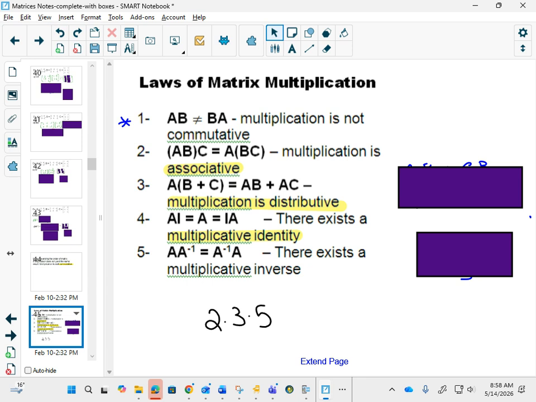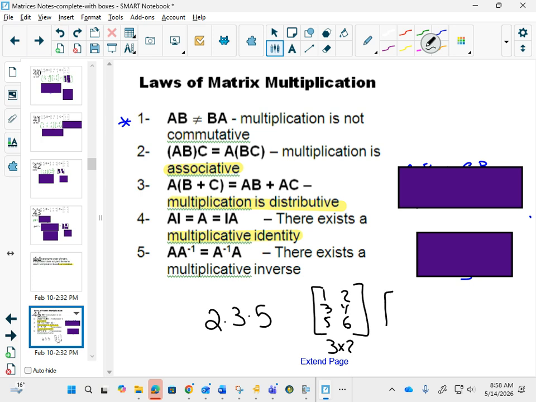But this is where the identity matrix comes into play. The identity matrix is like the number 1. So when you multiply by 1, you get what you started with. And if you multiply by 1 in front, you get what you started with. So if I took a 3 by 2, 1, 2, 3, 4, 5, 6.